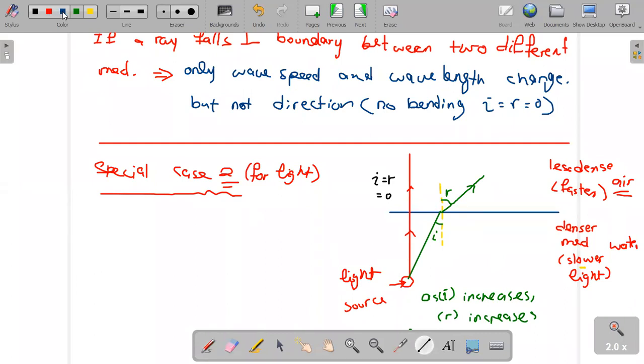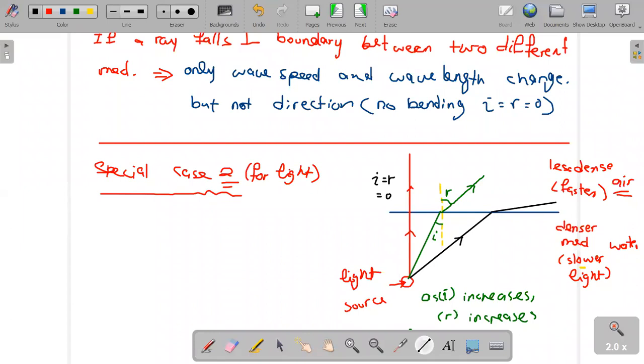Okay, let's make a blue, or black, line. So this is the incident ray. What will happen to the refracted ray?